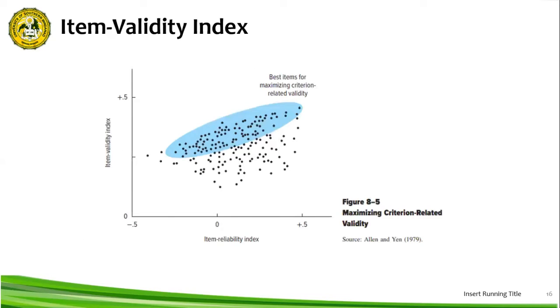Now, this is the visual representation of the best items on a test, especially if the objective is to maximize criterion-related validity. It can be achieved by plotting such items in item validity index and the item reliability index. Those dots inside the blue oval are the best items for maximizing criterion-related validity and should be retained.